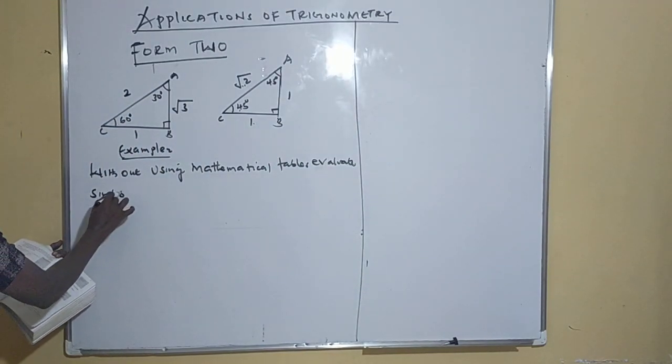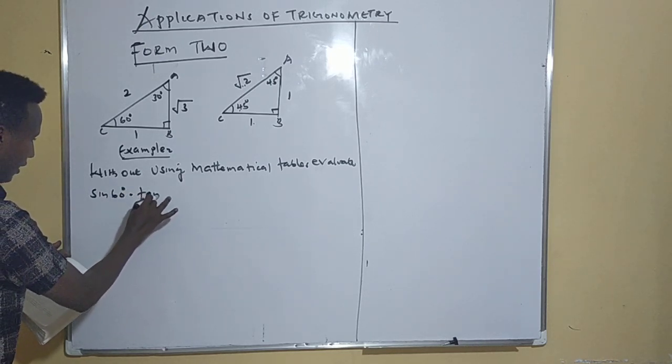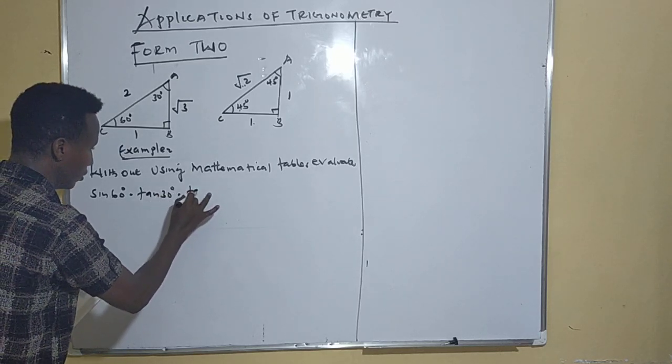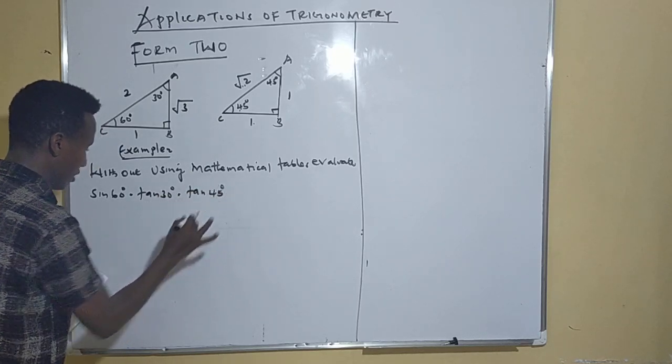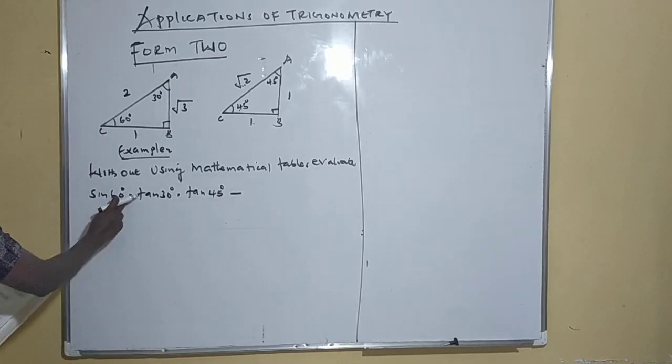Sine 60 degree dot tan 30 degree dot tan 45 degree, minus, this dot means what?